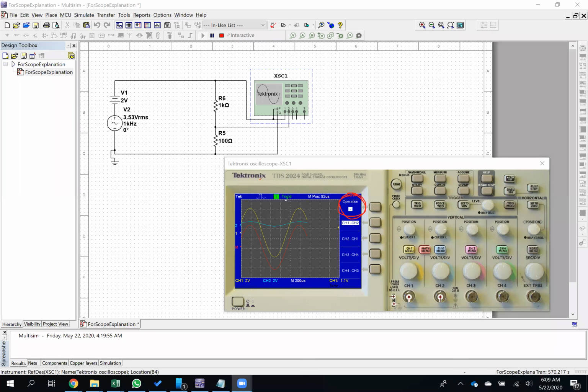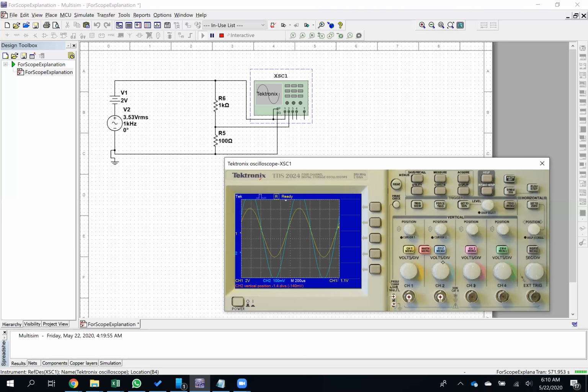And so one last thing before I end this video, I'm going to turn off the math menu. I should show you how to read a smaller waveform like the measurement there on channel 2. What I'm going to do is zoom in on channel 2 by changing the volts per division to something smaller and reposition channel 2 so that I can see it fully on the screen.